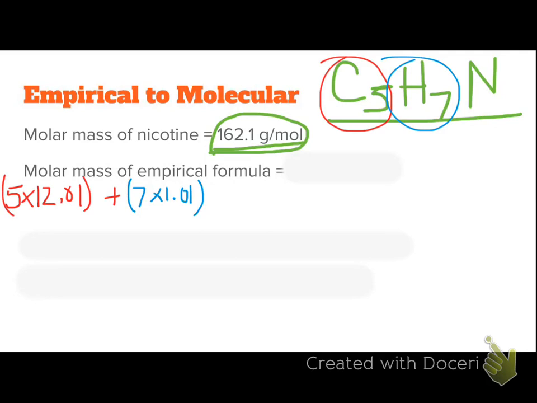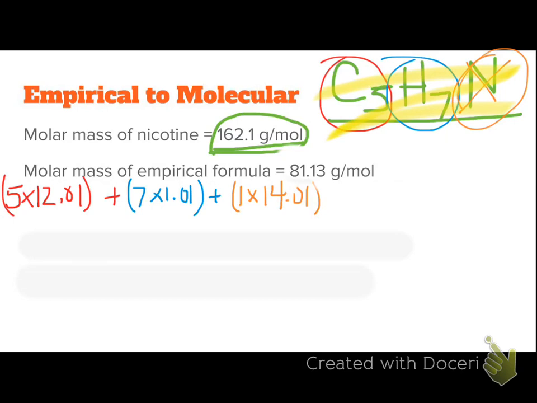That comes from my hydrogen. And then we're going to do 1 times 14.01, and that comes from my nitrogen. Okay. So if we add all those together, we should get 81.13 grams per mole for this compound right here, the C5H7N, the empirical formula.